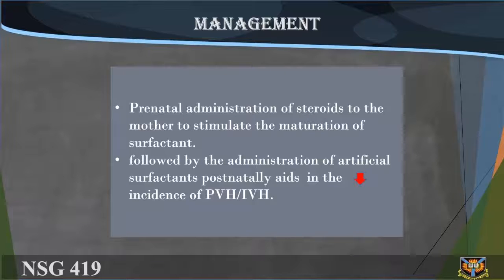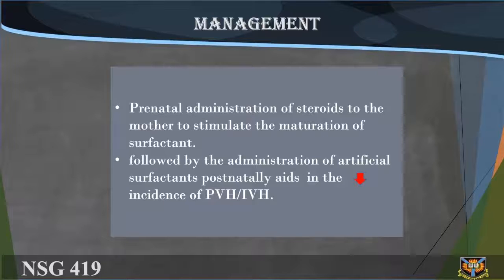Management. Much of the care of at-risk babies is focused on the prevention of PVH or IVH. The prenatal administration of steroids to the mother to stimulate the maturation of surfactant may also have a neuroprotective effect when prenatal steroids are followed by the administration of artificial surfactant postnatally.